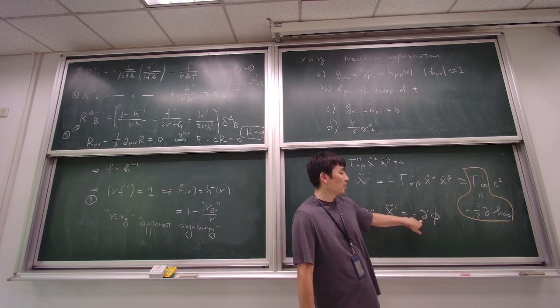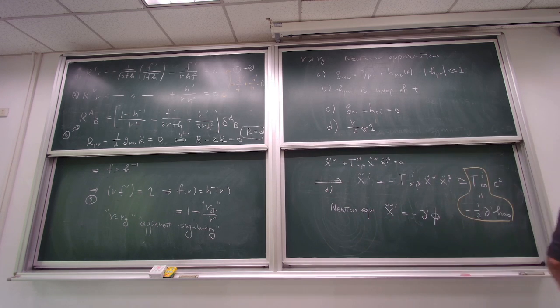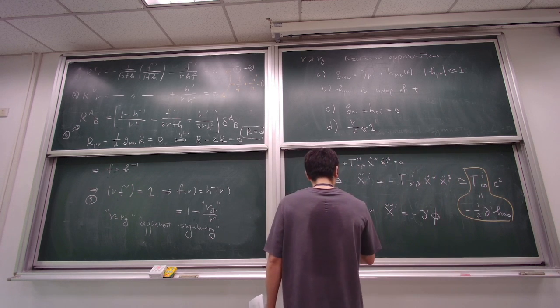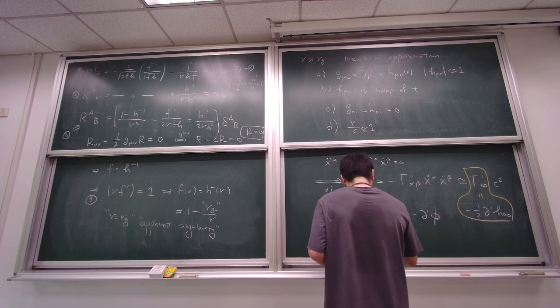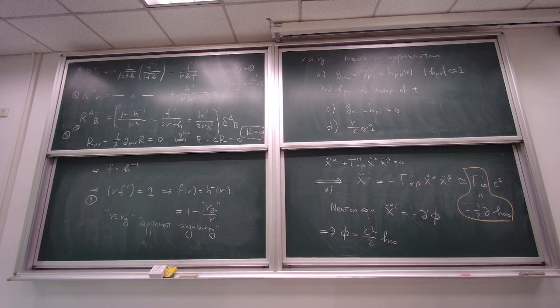If you take a derivative, you get the acceleration. So this is a Newton equation, and you can compare between these two. Then this will mean that phi is equal to c squared over 2 times h00. Is it okay?